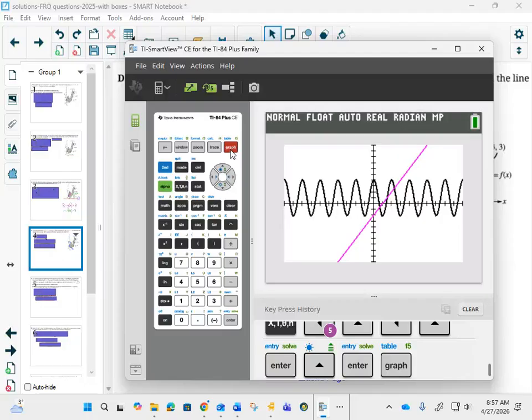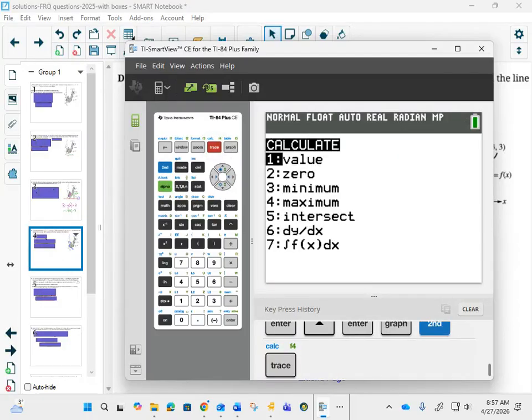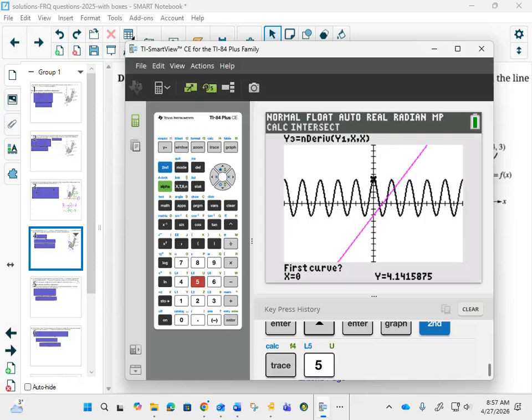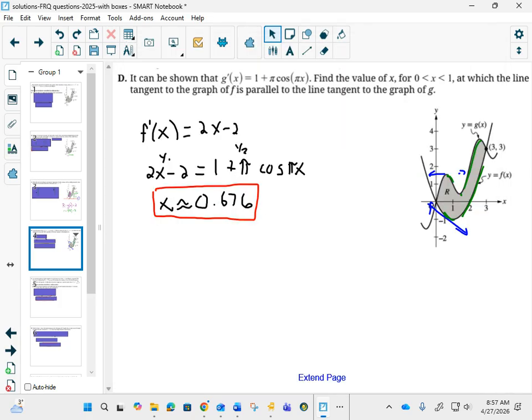And where do I want it? Between 0 and 1. So I want to calculate the intersection here, number 5. If you move your cursor, because there are 3 intersection points, closest to the one you want to find, it finds that intersect at 0.0657... and then round it.